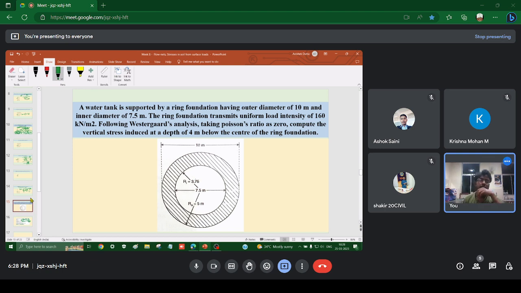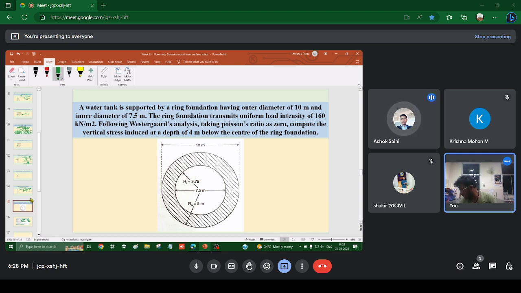Yes, tell me. Cos theta formula. Yes, cos theta formula. Cos theta, right? What is theta then? If you are using the formula of cos theta, then what is theta?